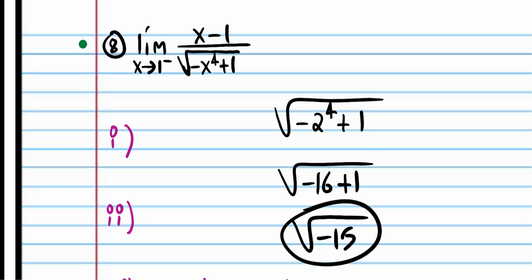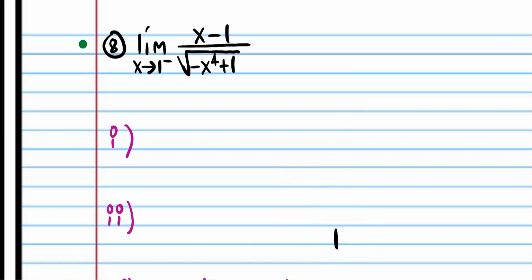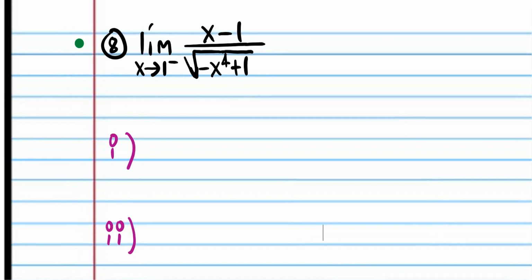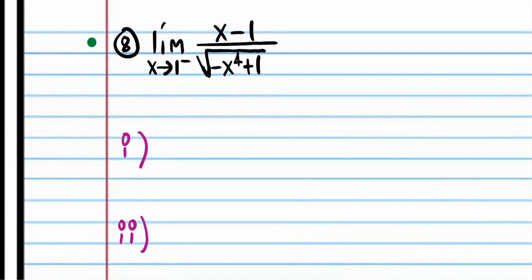That's an imaginary number, so the expression doesn't exist when you plug in numbers that are bigger than 1. So you can't say that x is approaching 1 from the right because the expression is not even defined when x is bigger than 1. So you have to approach from the left.